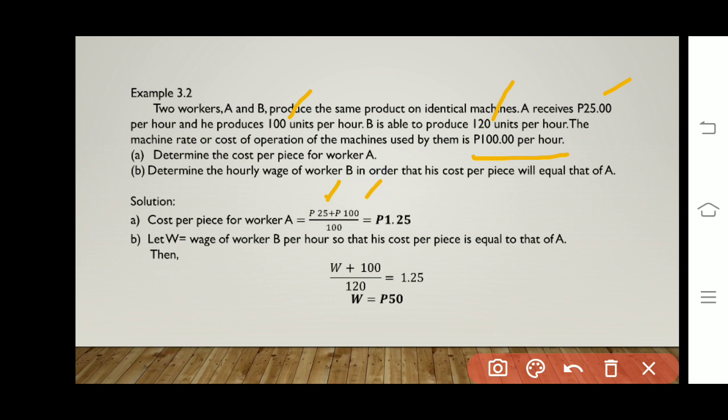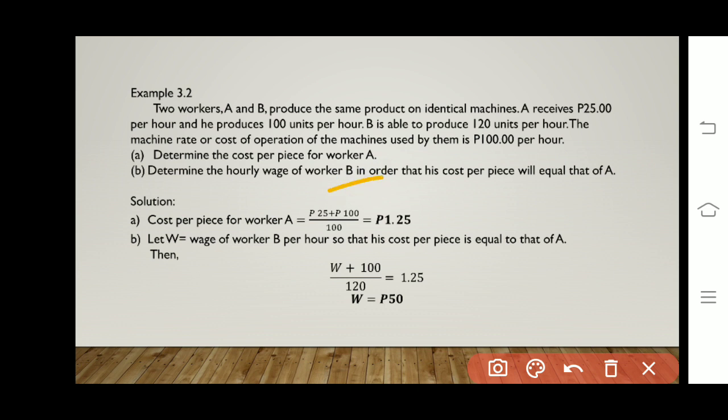Kasi, diba, 25 yung sweldo niya per hour, tapos 100 pesos yung halaga ng cost of operation ng machine kada oras din. So, sa kada oras, ilan yung units na kaya niyang i-produce? 100. So, therefore, we have 1.25 pesos per unit.